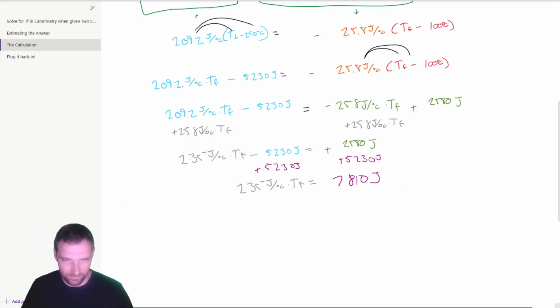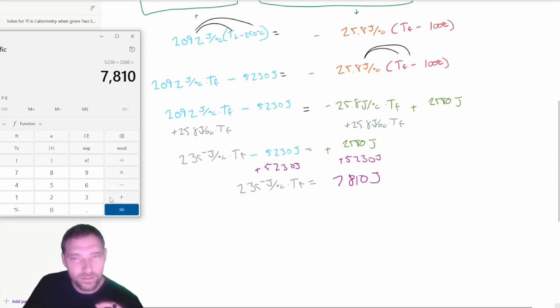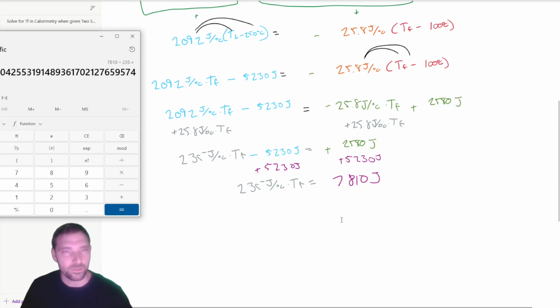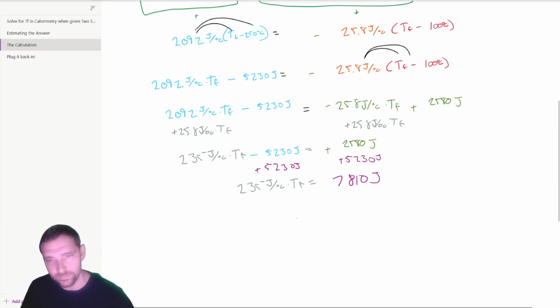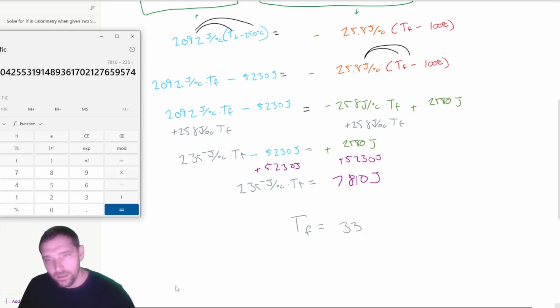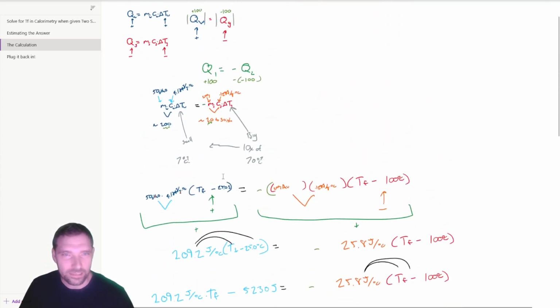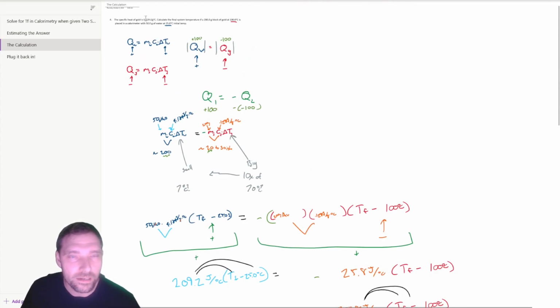It's looking like it's in the right range to me. Let's see. So we're going to divide that by the 235. Yeah. And so we're getting a T final right on the money, 33.234, etc. If we're looking back on sig figs, I think this is going to be limited to 3 sig figs most likely.